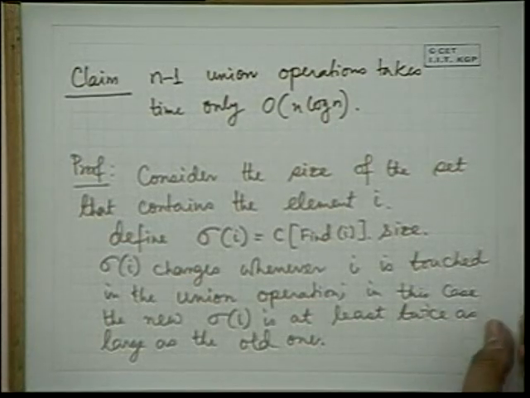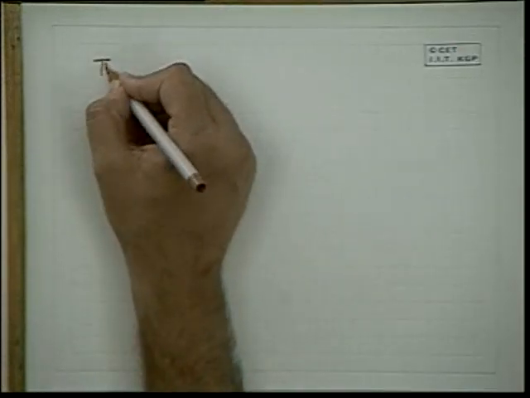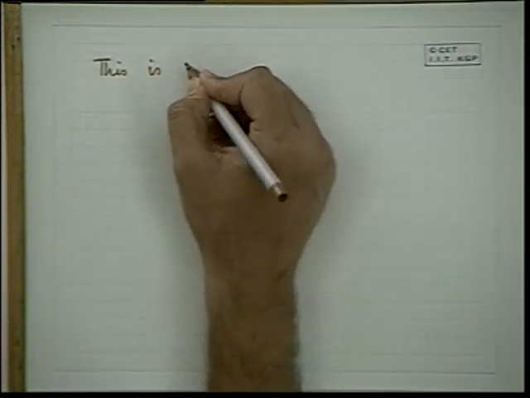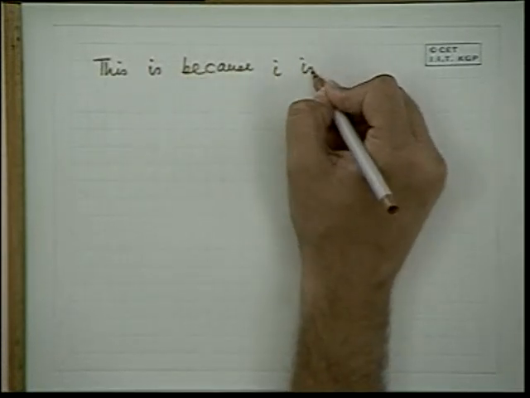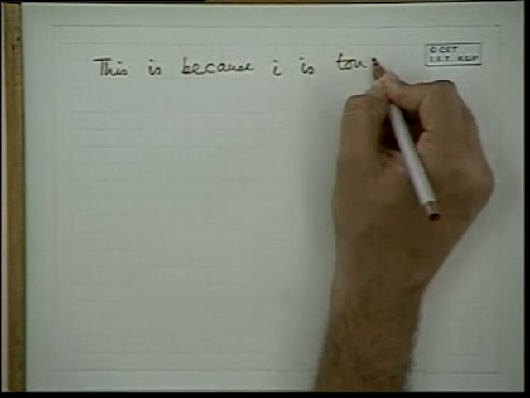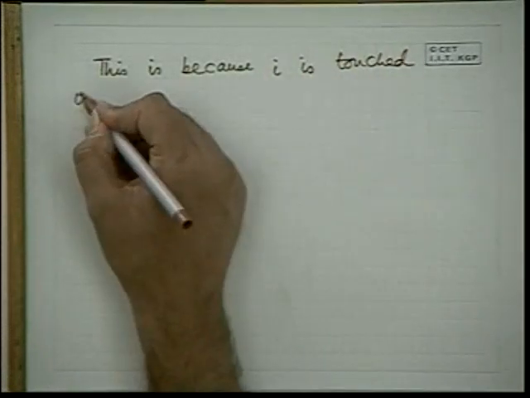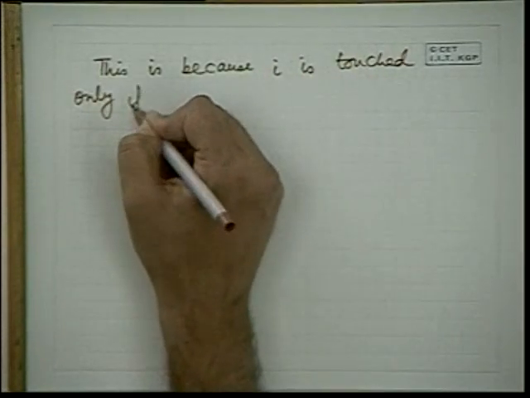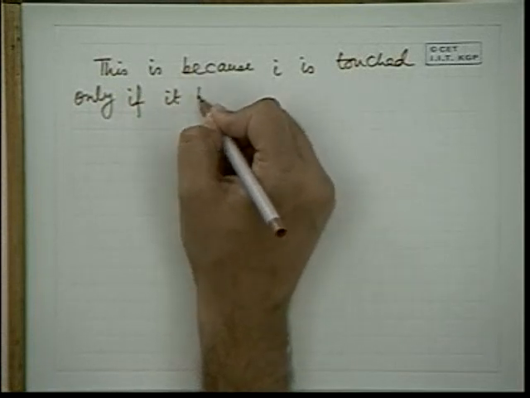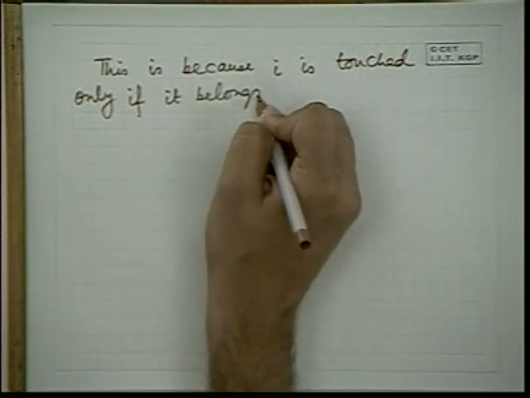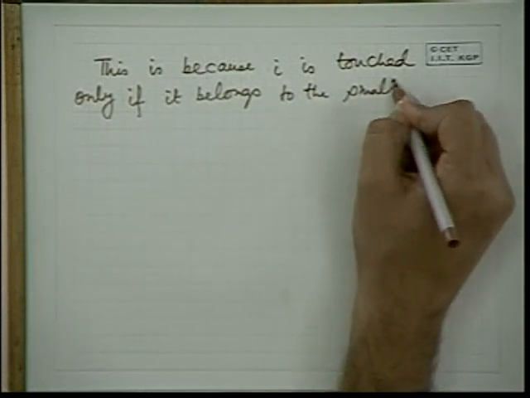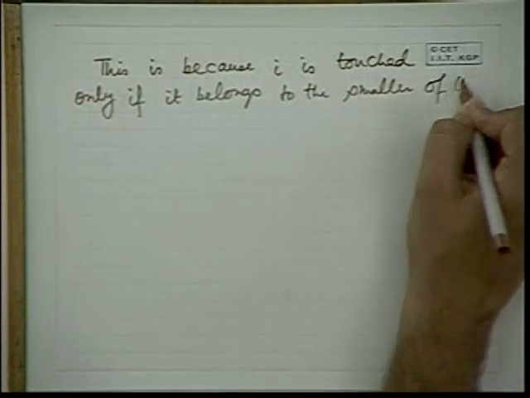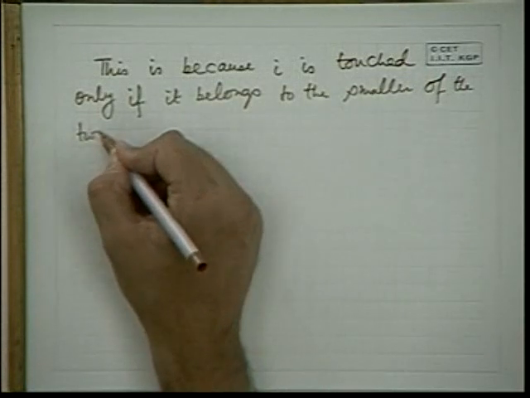So this is why, I am going to write in the next slide, this is because I is touched only if it belongs to the smaller of the two sets.